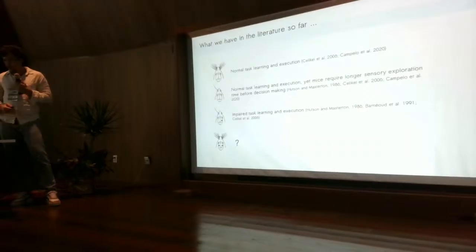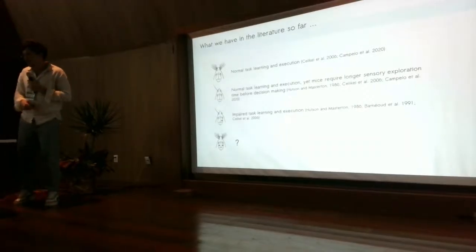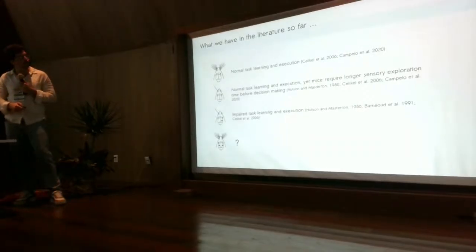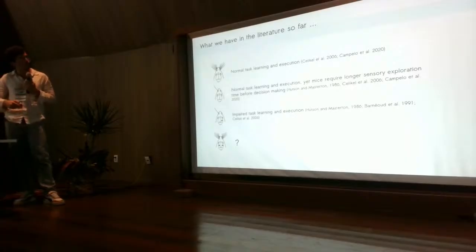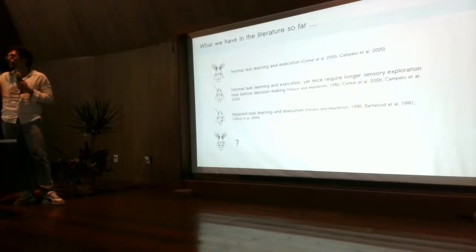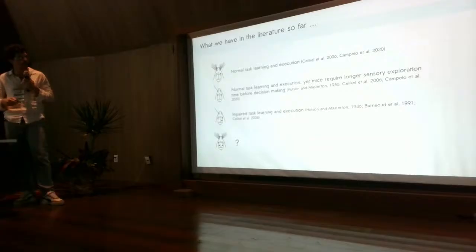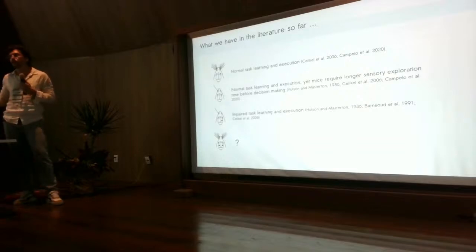So just a short summary of what we have in the literature so far. In the natural conditions, the animal normally learns and executes the task. In the single whisker condition, the animals also normally learn and execute the task. They just take a little bit more time to cross the gap, but the accuracy is the same. But if we combine partial sensory deprivation and barrel cortex lesion, there is a complete impairment of the behavior.